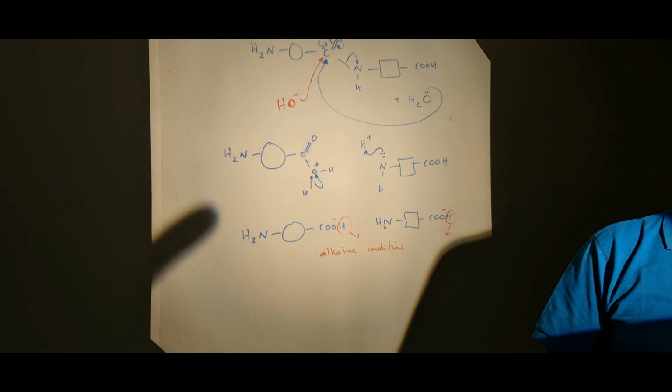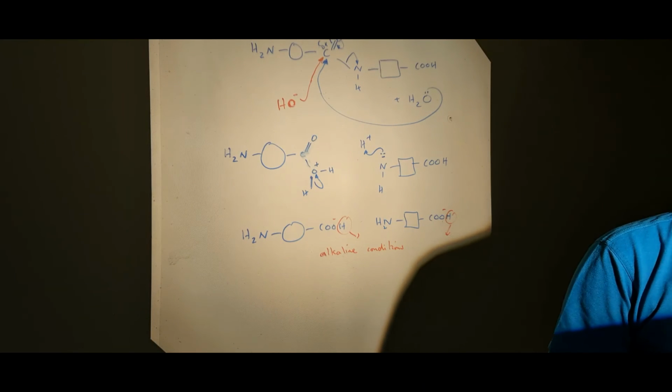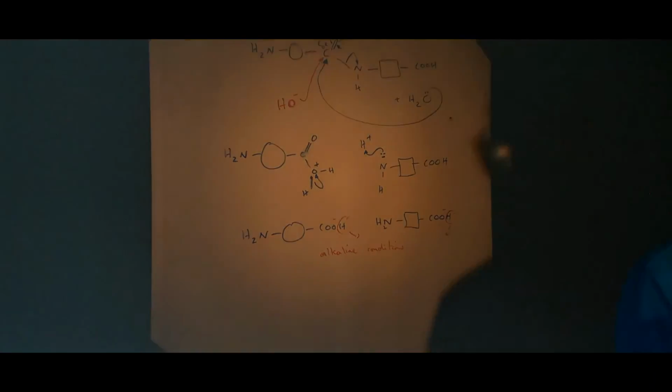So what changes with using alkali is, it's entirely the same reaction. It's like the reaction with water. It will break the peptide link, it'll regenerate the two amino acids we're talking about.